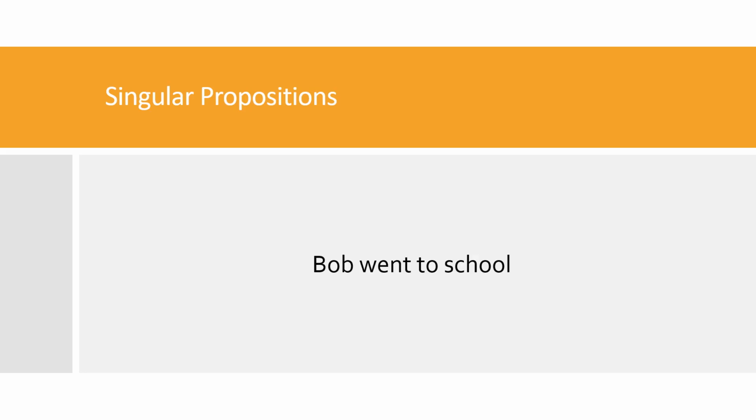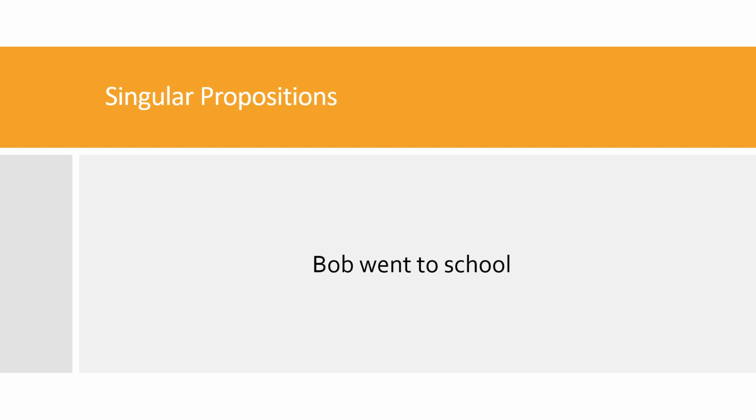So let's look at some examples here. If I take the example, Bob went to school. Notice I don't have a clear quantifier here. I want to talk about this very distinct individual person, Bob. And of course, notice the problem is I can't say all Bobs and I can't say some Bobs because I don't mean just any old random one Bob. I mean this very specific person, Bob, that I'm talking about.